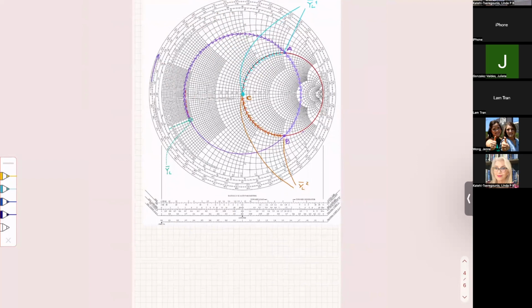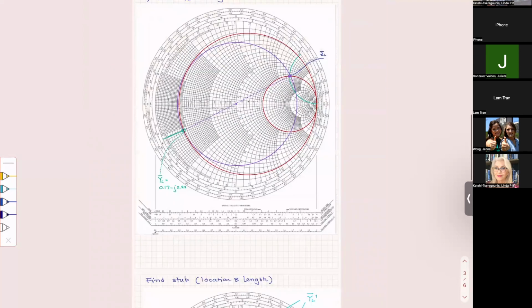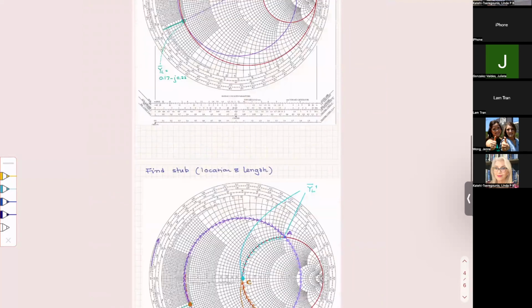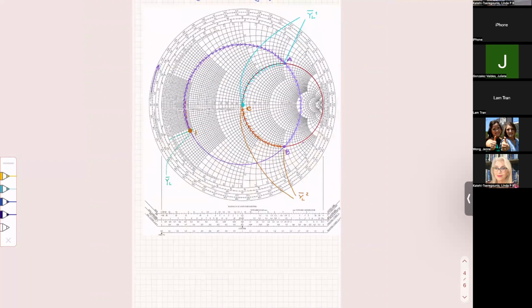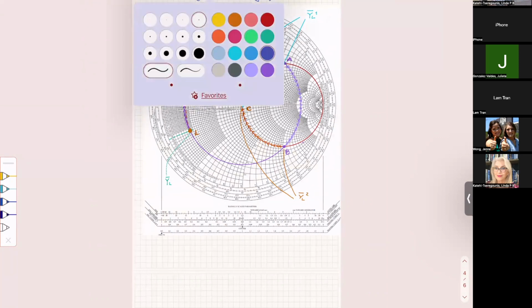All right, so let me call this point, how much should I call this? Point L. Okay, so I call it L, the load.